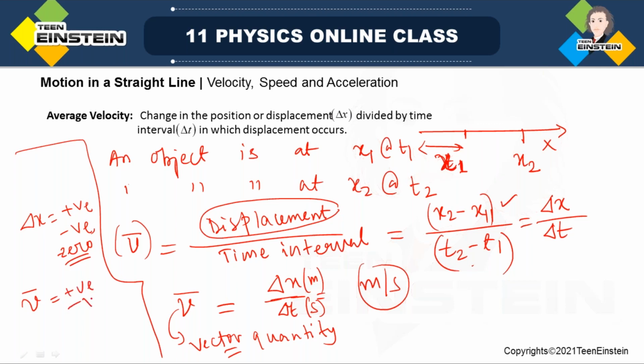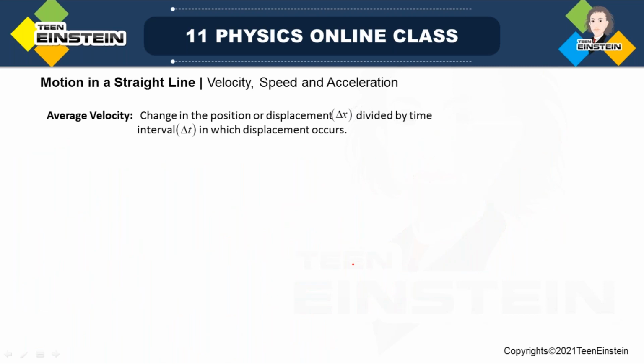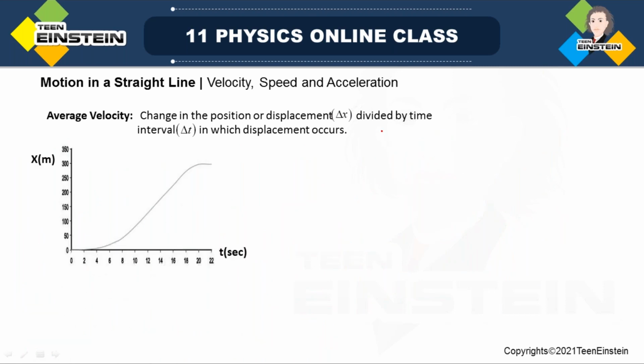Average velocity can be positive, negative, even zero, because it is a vector quantity related to displacement.